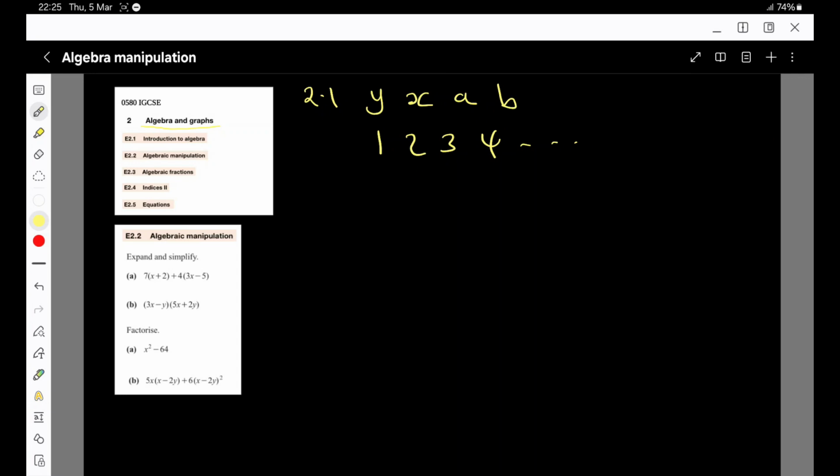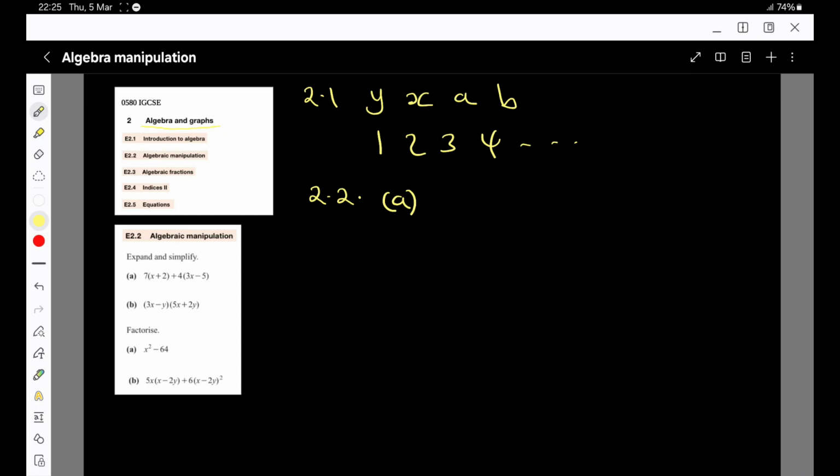So immediately, let's go to 2.2, which is algebraic manipulation. And we're having a few examples here, starting from the first one. Part A of the first one says expand and simplify.